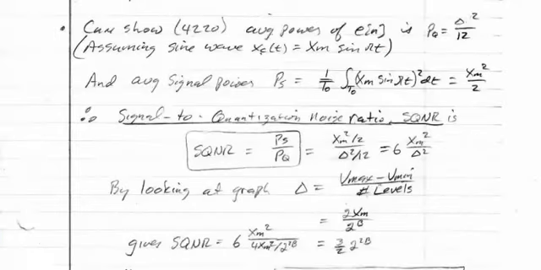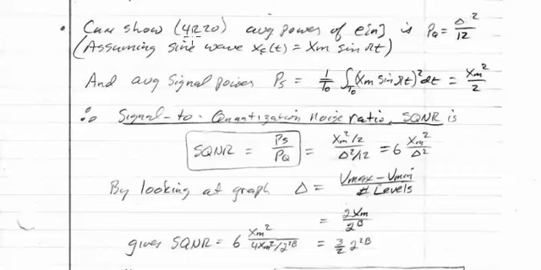Okay, I switched pages on you. What we can do with this kind of model, where the quantizer error is modeled as noise, is analyze it probabilistically. This is something we do in EE 4220, which you haven't had yet.